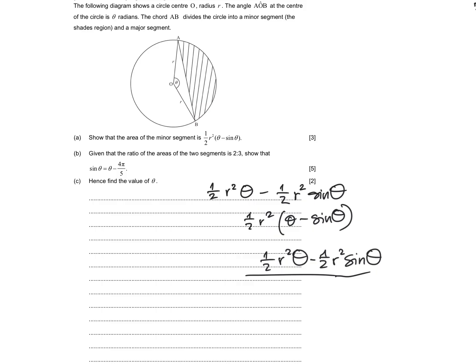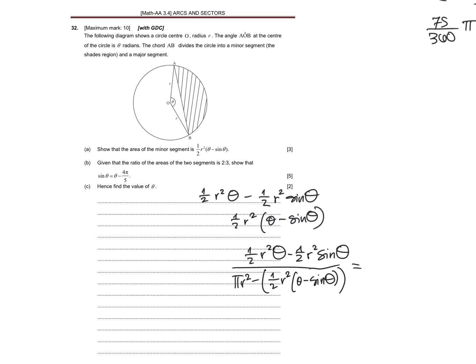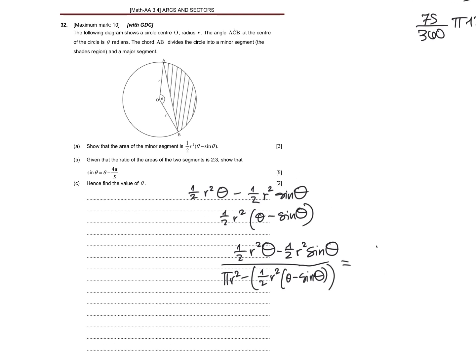So it's the area of the whole circle minus that segment. So it's pi r squared minus 1/2 r squared. I'm going to use this one, theta minus sine theta. So the ratio of this, so small segment is 2 to 3.